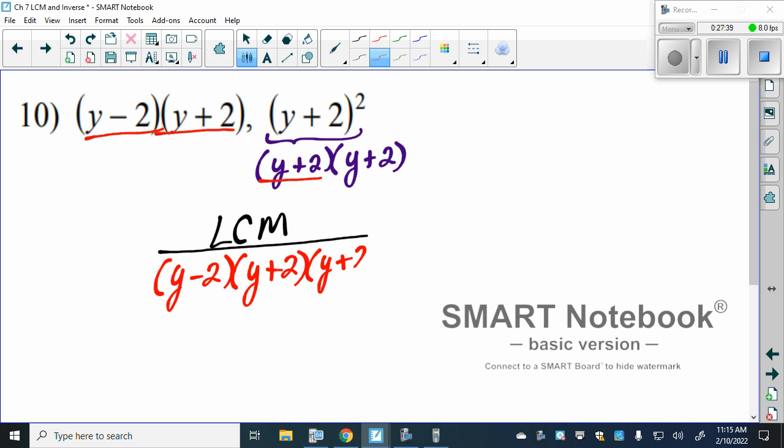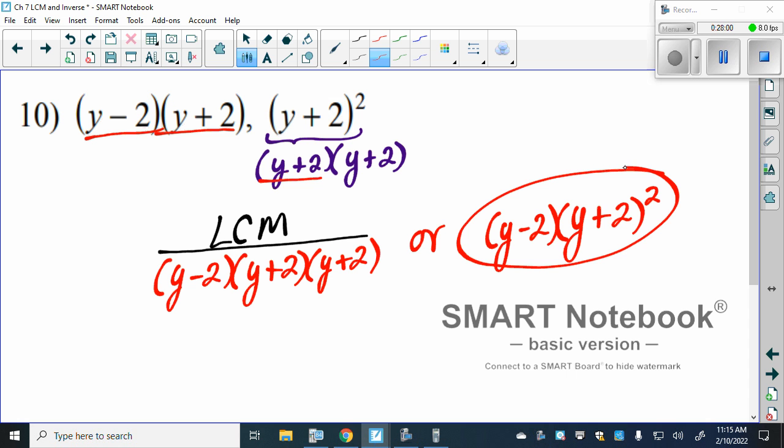Because since it appeared twice in the second one, we need it twice. Even though it does appear once in the first, that's fine, but because it occurred 2 times in the other, we need it twice. Yes, we could say y minus 2 times y plus 2 squared. Either way would be fine. And that's it.